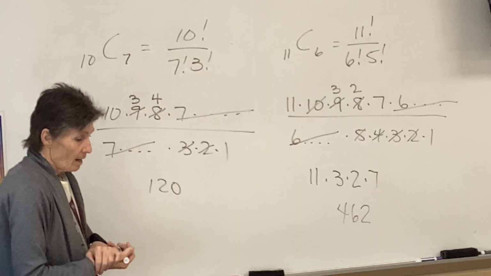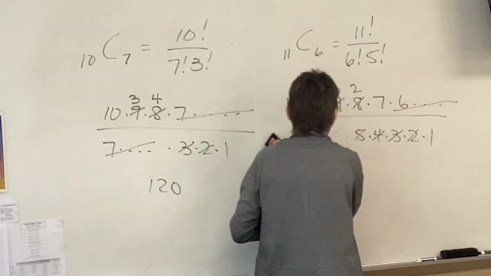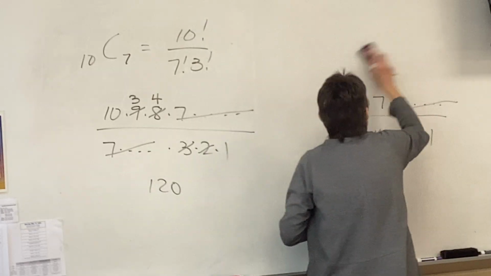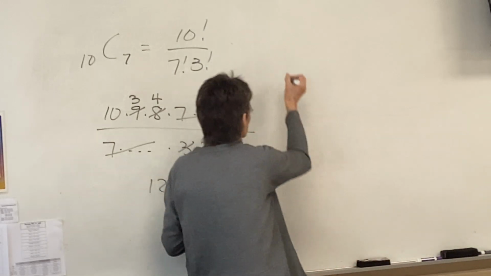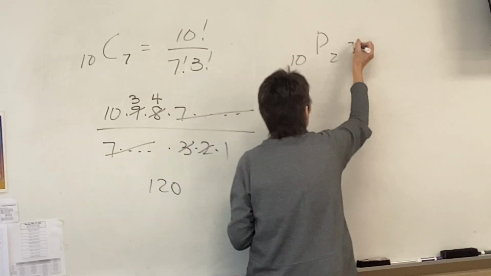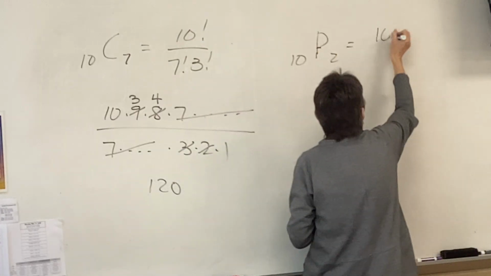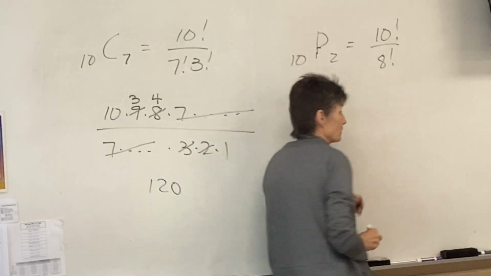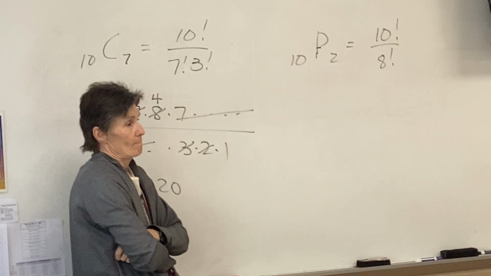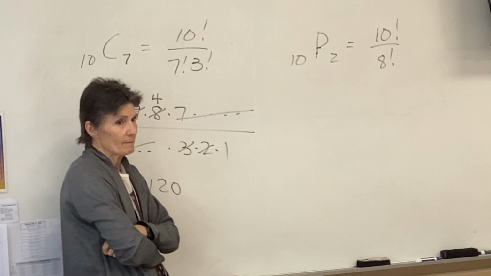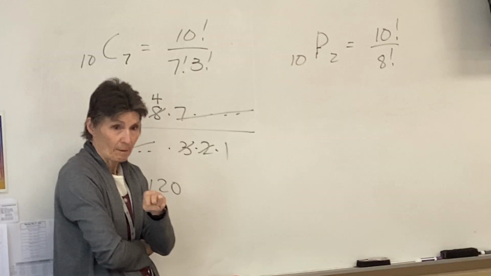All right, now look at F. What is different about F? F is a P. P's have a different formula, so you're going to have to keep this straight. 10P2 is 10 factorial over 8 factorial. What's the difference? Well, the C's have 2 numbers in the denominator.